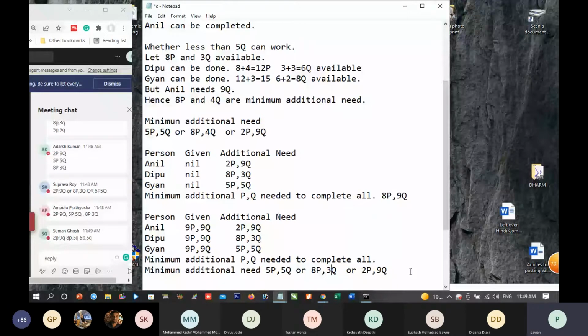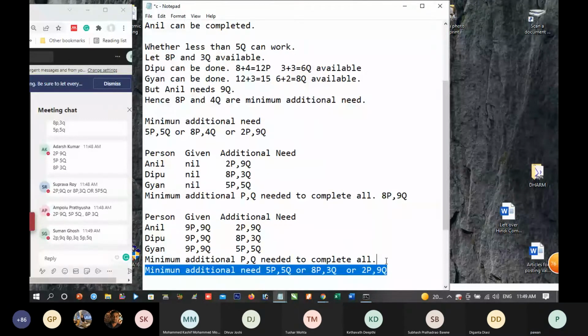Any doubt now? Very simple case. Both were extreme cases.